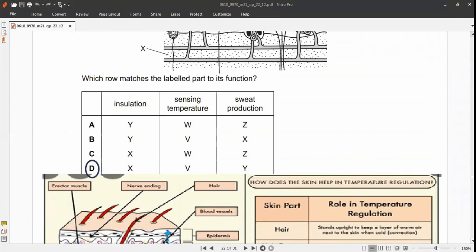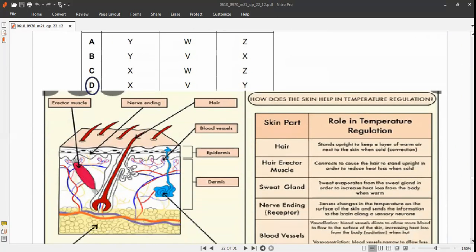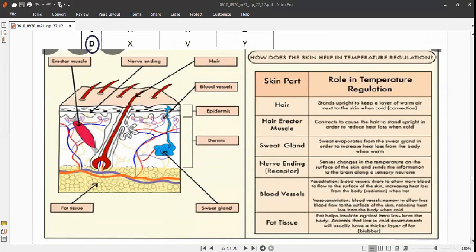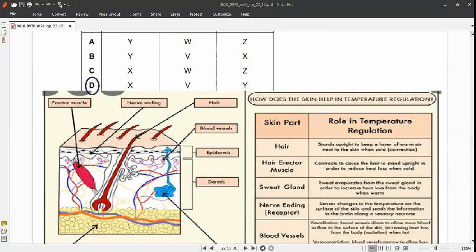V, sensing temperature. The nerve ending receptor senses changes in the temperature on the surface of the skin and sends the information to the brain along a sensory neuron.